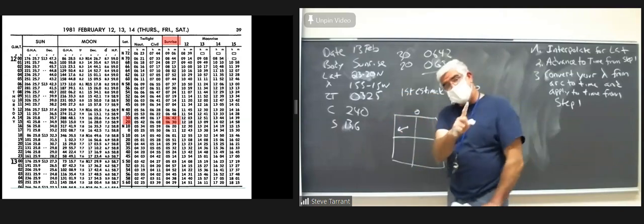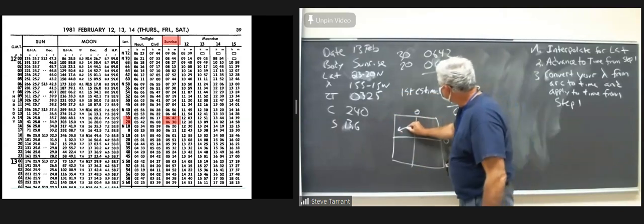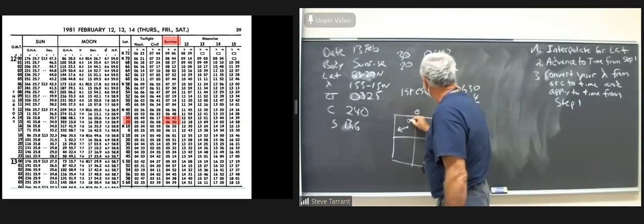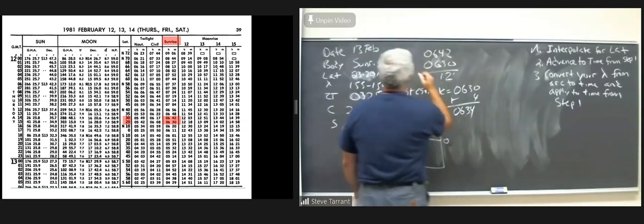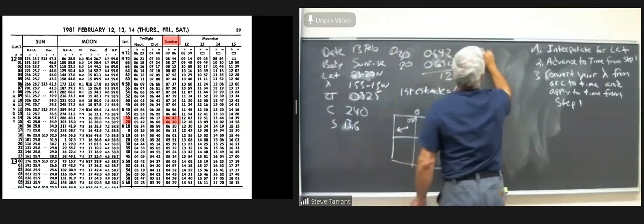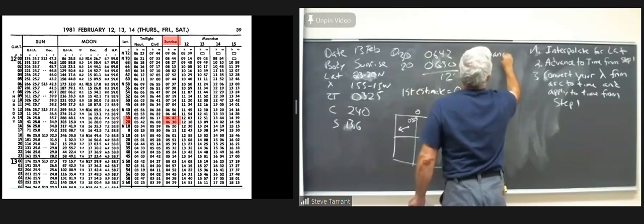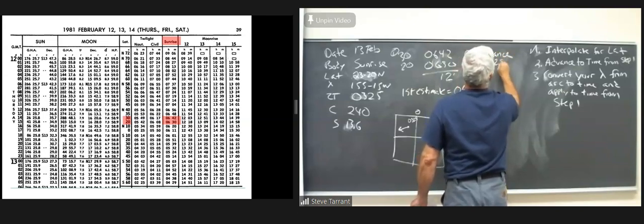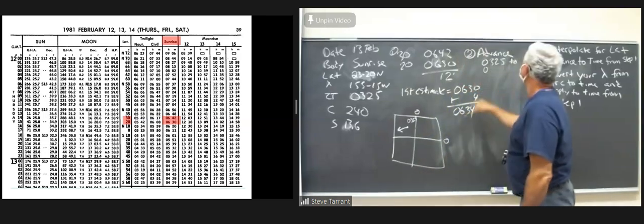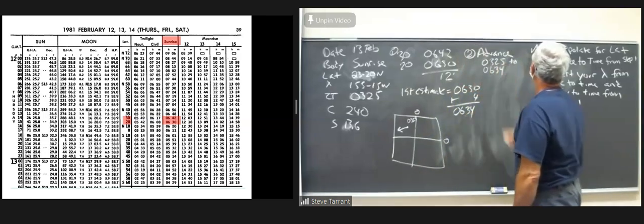Okay, so what I need to do now is advance from 0325. So now, all right, that was step 1. Step 2. Advance 0325 to 0634.